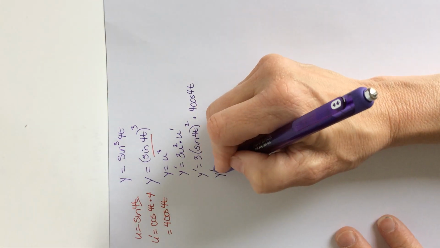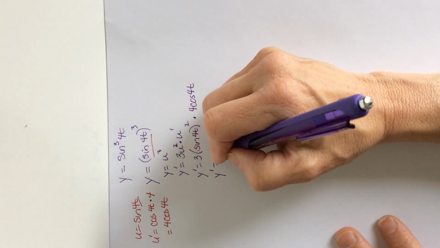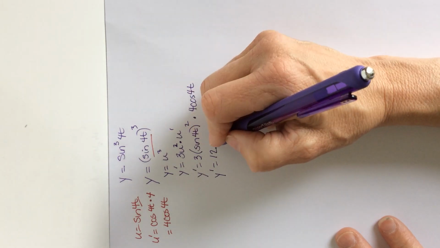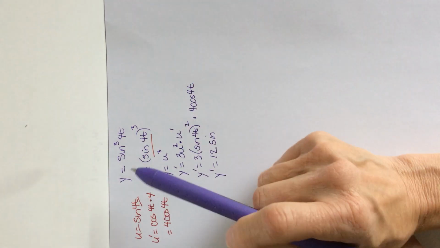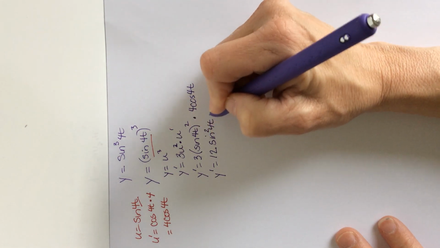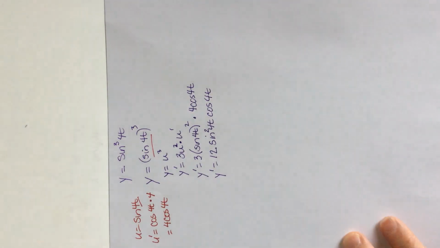So if I clean this up a little bit, I can multiply my 3 times this 4, and I get 12 sine of 4t squared. If I put it back in its original form, it would be sine squared of 4t times the cosine of 4t.